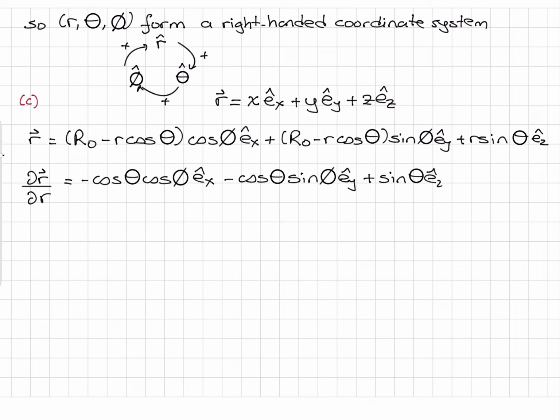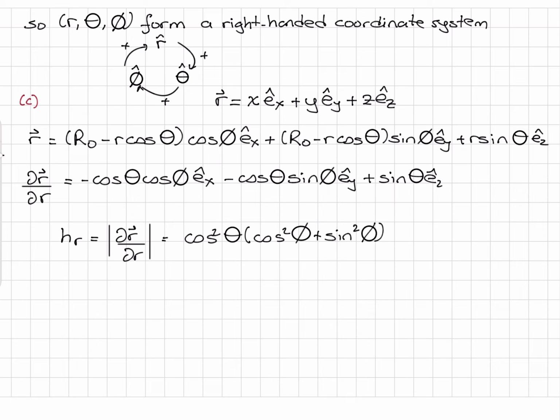Now, what is the corresponding scale factor, h sub r? It's the magnitude of the partial derivative of the position vector with respect to r. Let's find this magnitude. Now you can see that it's cosine squared theta cosine squared phi, cosine squared theta sine squared phi. So it is cosine squared theta, parentheses, cosine squared phi plus sine squared phi.